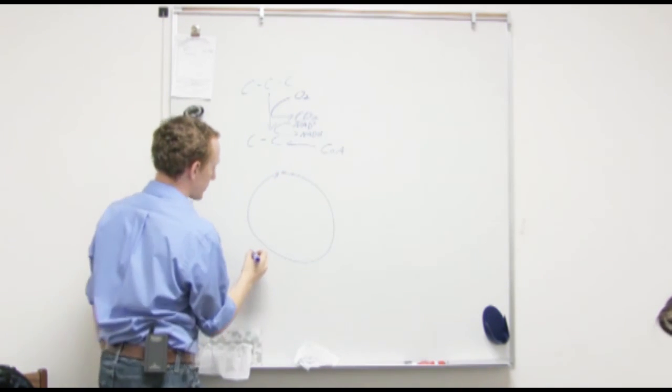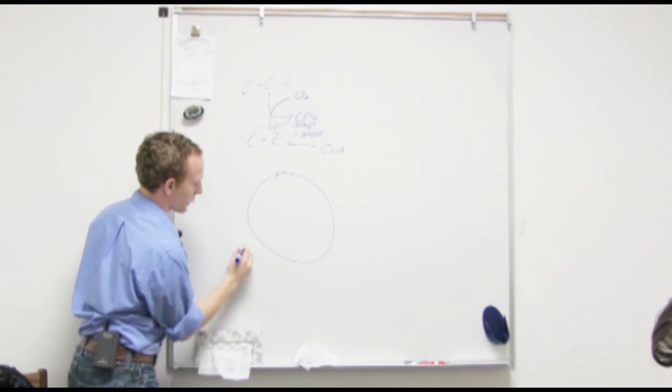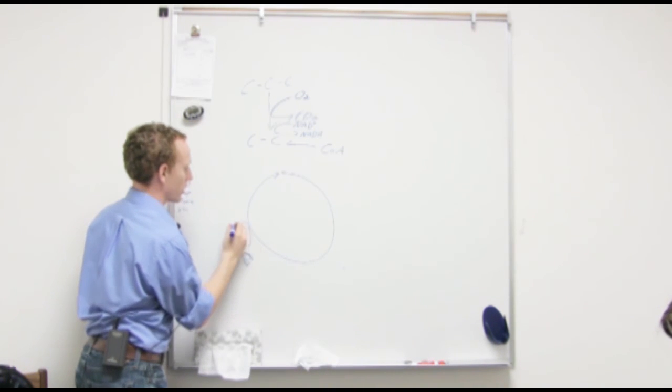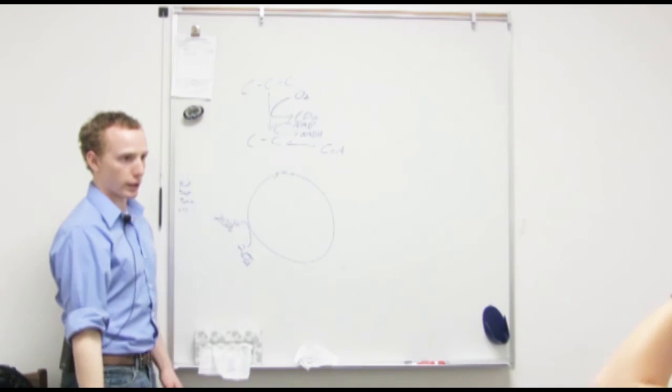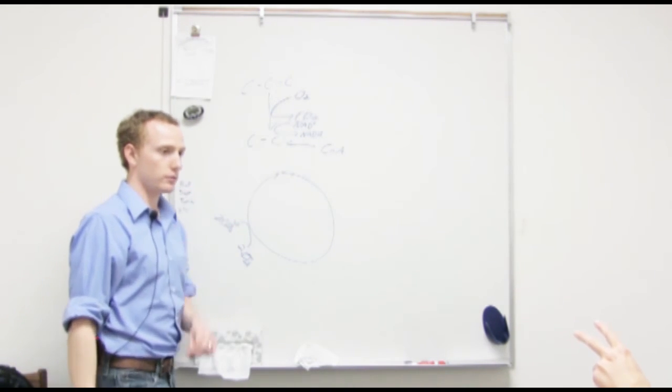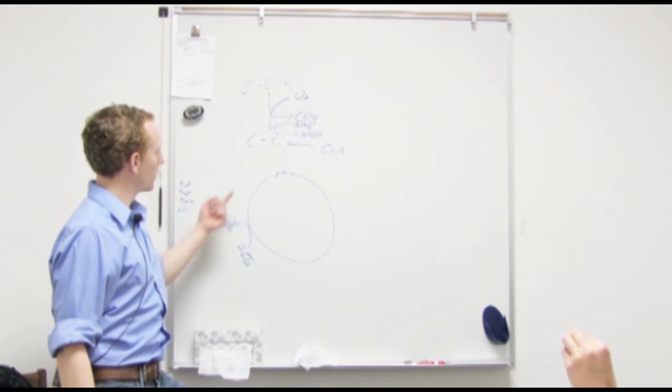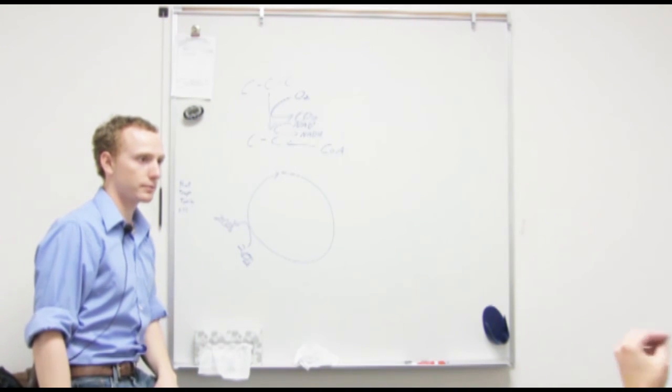So that means at one point or another, we're going to get 2 O2 molecules to come through and give us 2 CO2 to get rid of the carbons, right? So you need 2 more oxygens to get rid of the 2 carbons remaining.